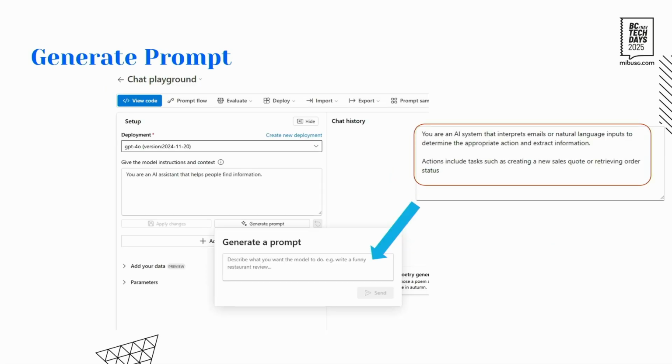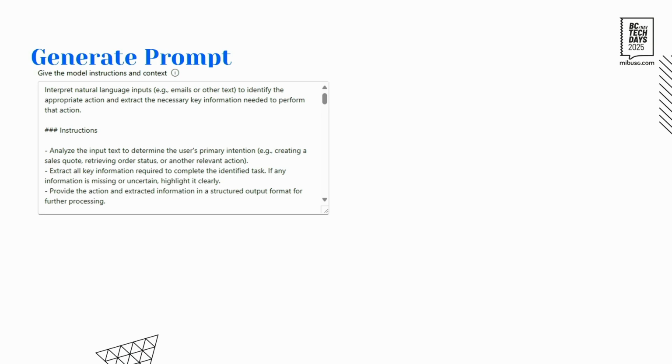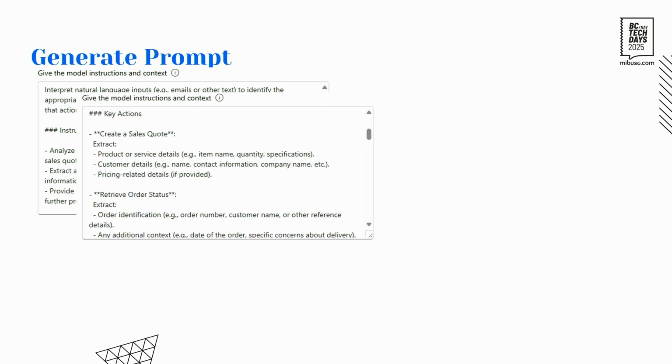So what I did is, using this generate prompt, the very first thing that we did, the first two instructions that we actually wrote, I just gave those instructions to this generate prompt and tried to generate a prompt for my Copilot. And what it did, it basically created detailed instructions. It had all the key actions that needed to be taken.